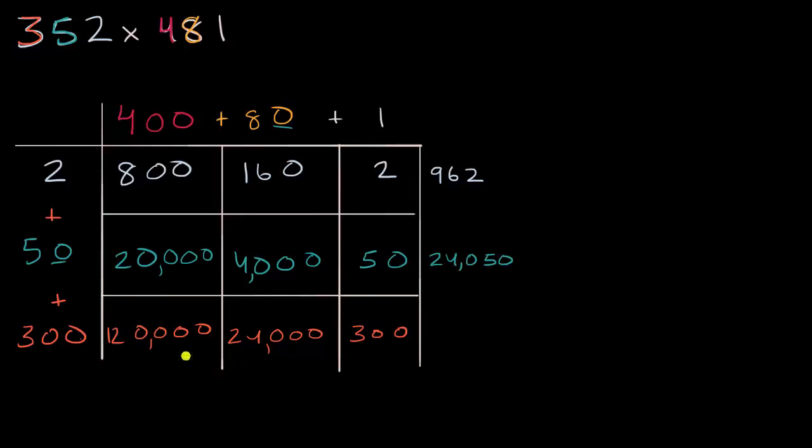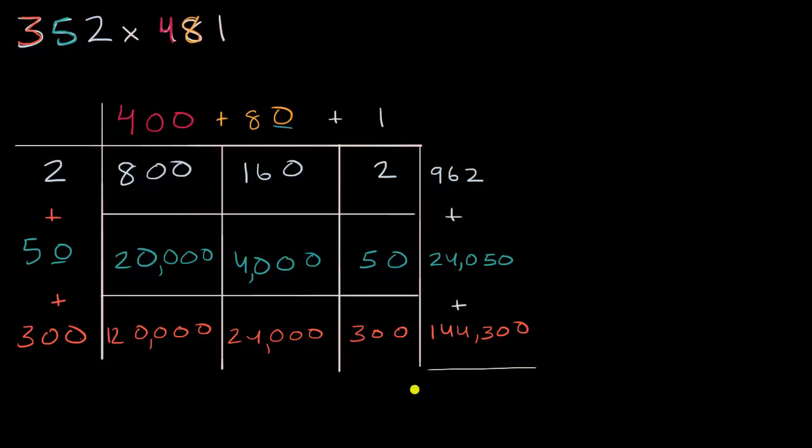And this right over here is 144,300. 120,000 plus 24,000 is 144,000 plus 300. There you have it. And then you would add up these numbers just like that to get your final answer.